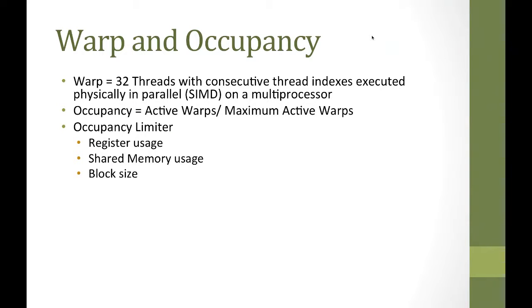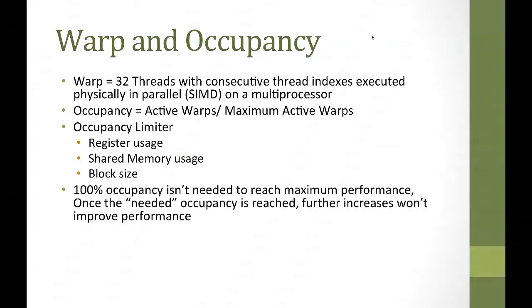If you or the hardware limit your blocks to 8, then you can run only 8 blocks on this multiprocessor. Then it will limit the occupancy because each block has only 1 warp. That means in total you have only 8 warps. But the maximum active warps will be 64 for the Kepler architecture. So you can only achieve 1 out of 8 occupancy.